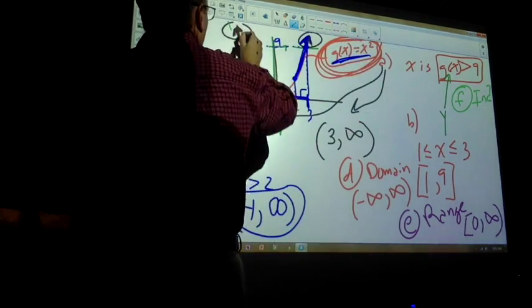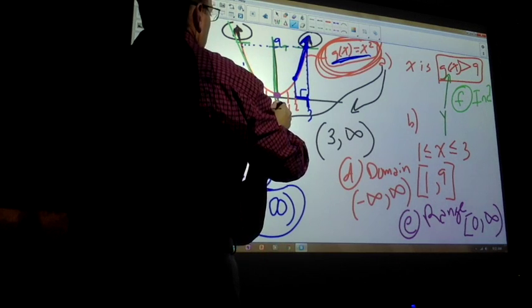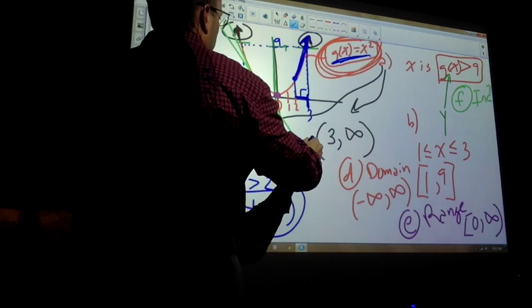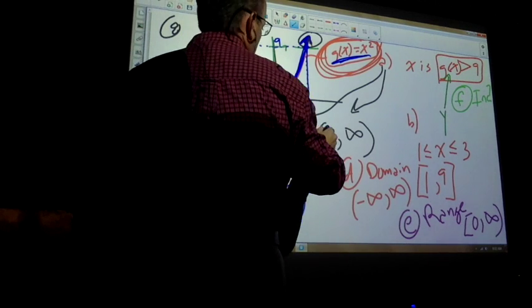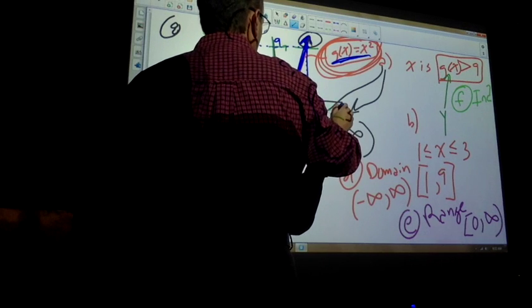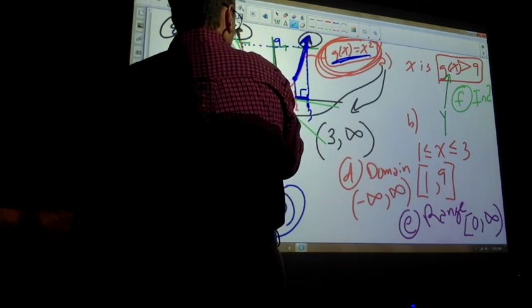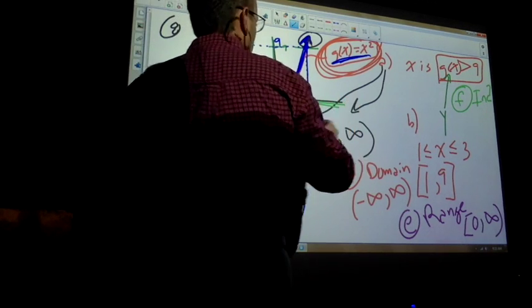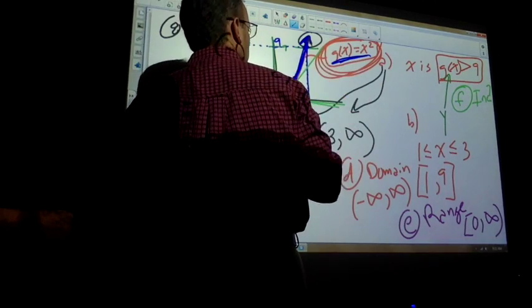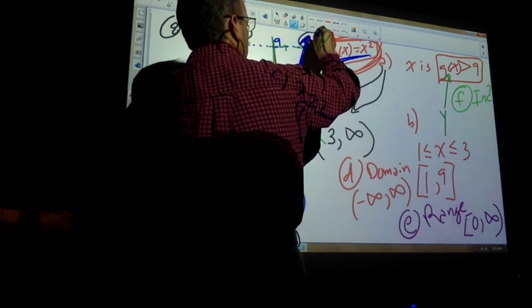If I were to take a straight line, this line is decreasing. This line is decreasing. I take this one here. This line's decreasing. This line straight is still decreasing. If I come straight across here, that's 0. But then if I start going this way, it's starting to increase.